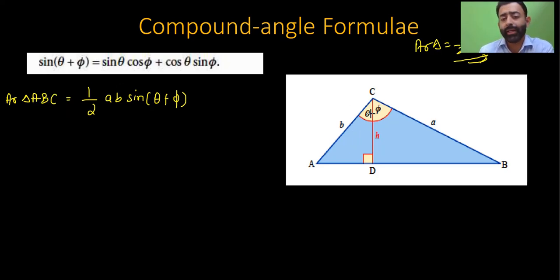Now, as we drop this perpendicular from C to the base AB, the whole triangle is divided into two smaller triangles like this.